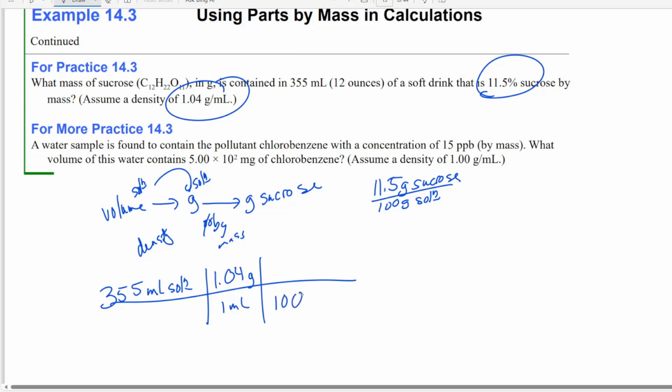We put the 100 grams of solution on the bottom because the density is for the solution. And we'll put the 11.5 grams of sucrose, C12H22O11, on the top. Alright, so now we just multiply top times top times top and divide by the bottom, and we get 42.5 grams of sucrose.